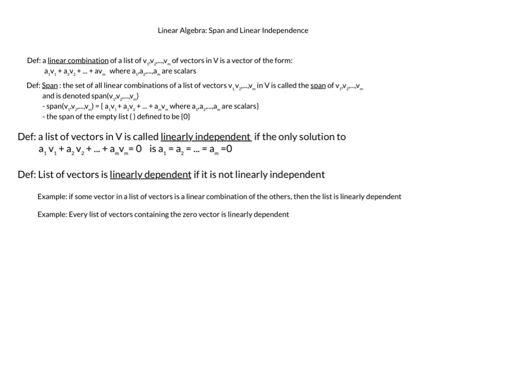Another example, every list of vectors containing the 0 vector is linearly dependent, and the reason why is once you write your linear combination of all your vectors, and your 0 vector is one of the vectors, then this coefficient here can be any number, it doesn't have to be 0.